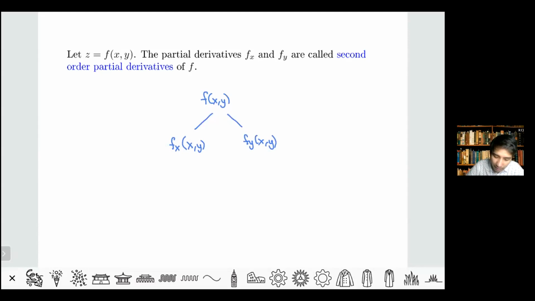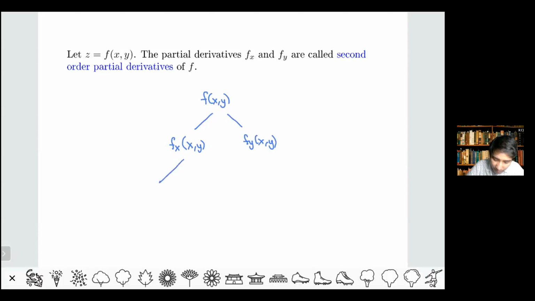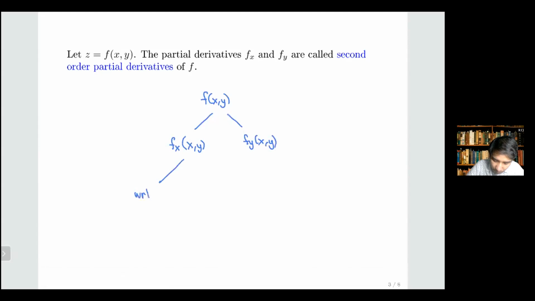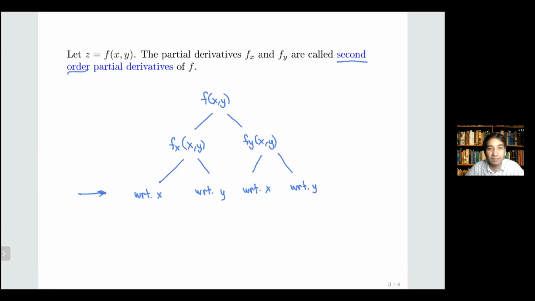So, halimbawa, yung fx, you can differentiate this with respect to x or with respect to y. Same with fy. So, you can differentiate this with respect to x or with respect to y. So, itong mga makukuha mo new functions na ito yung mga tinatawag na second order partial derivatives.